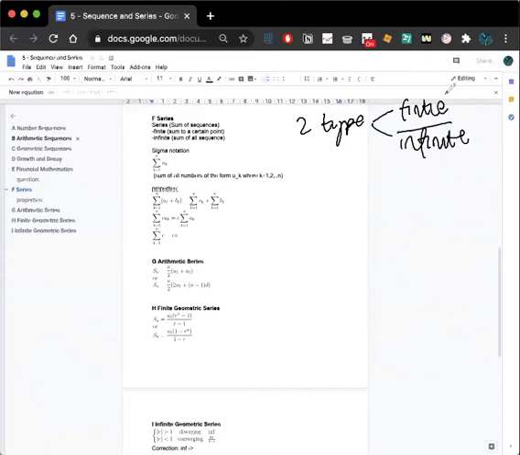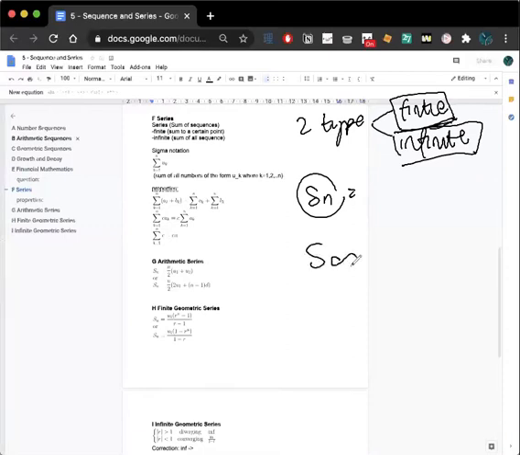The finite series is the type where you usually have a formula, and then you try to look for the sum of the series until a certain point. So that's why it's Sn. But for infinite series, usually you try to calculate its total series from 1 to infinity.